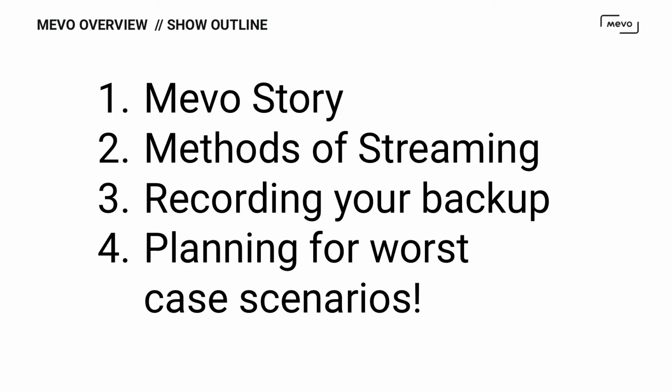We're going to talk about recording a backup, and then preparing yourself for worst case scenarios, because at the end of the day, our goal is to capture content and to produce content. So we have to be prepared for those worst case scenarios, because unfortunately when it comes to anything related to the internet, and when you're starting to put as many things together as Mevo does, you do run into some hiccups. So we're going to show you and talk about how you can be prepared for those situations. That way, no matter what happens, you're ready to go.